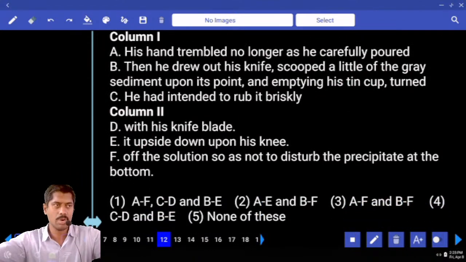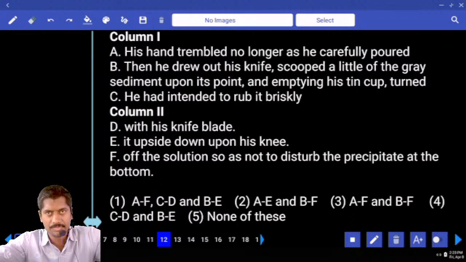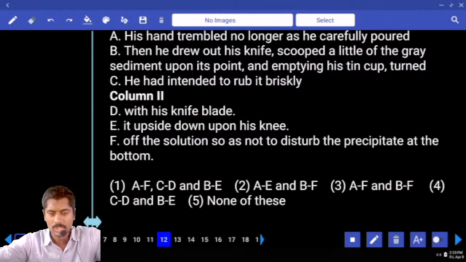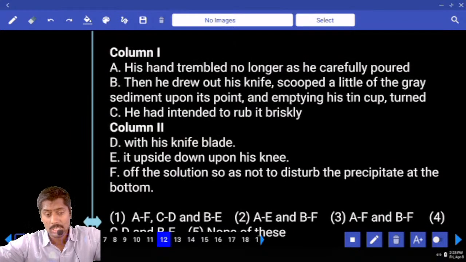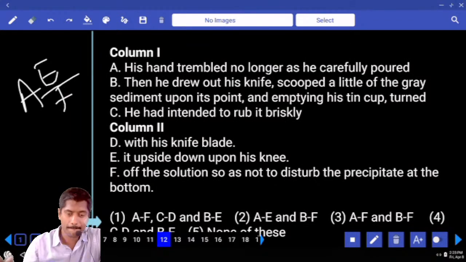His hand trembled. Tremble means shake. Did your hand tremble anytime? His hand trembled no longer as he carefully poured with his knife blade, poured it upside down upon his knee, poured off the solution, A, E or AF, which I am not sure.